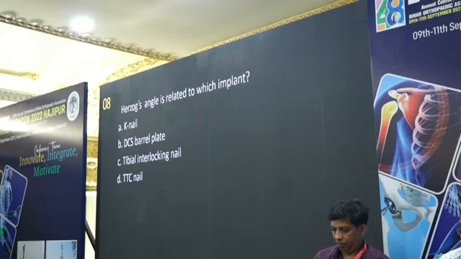Question 8: Harjov angle is related to which implant? A. Cannulated screw, B. DCS barrel plate, C. Tibial interlocking nail, D. PTC nail.